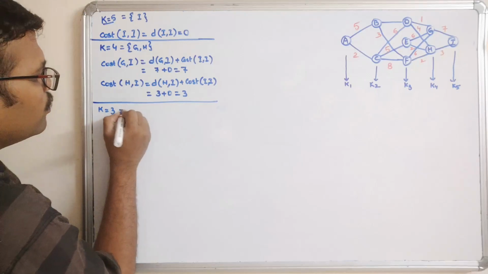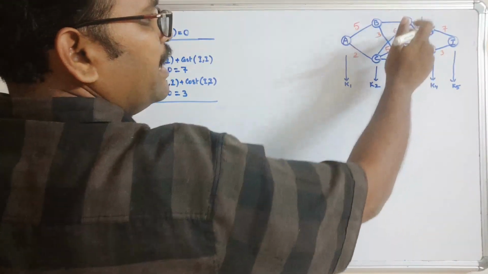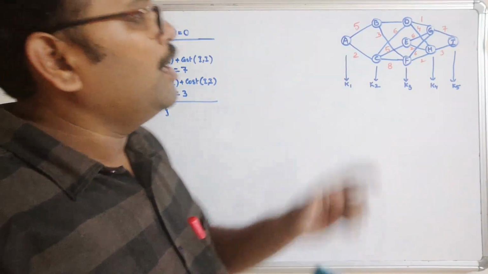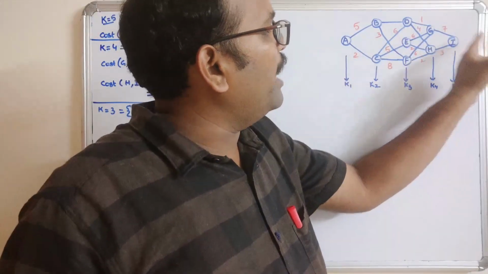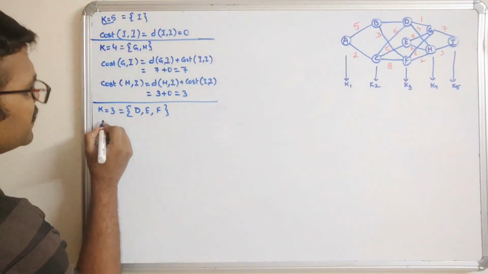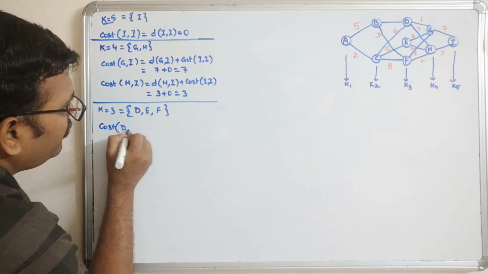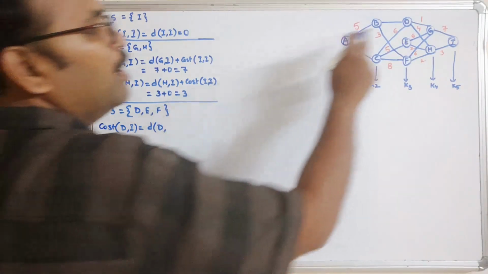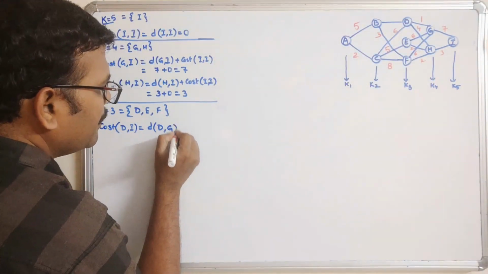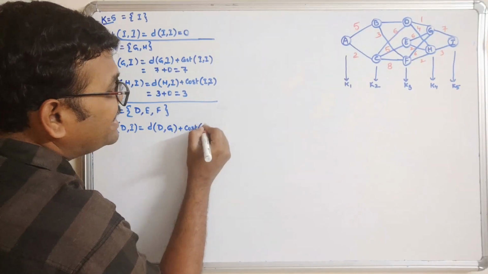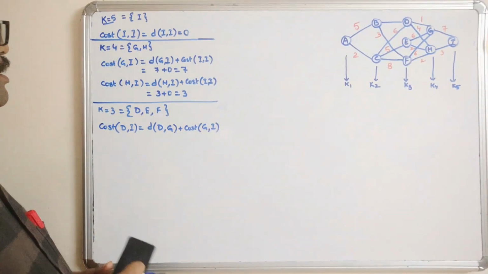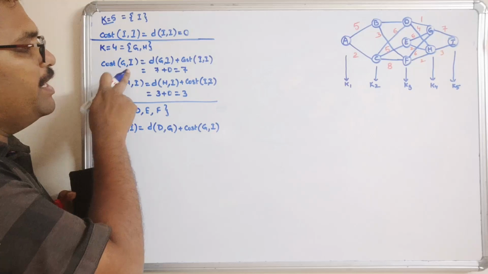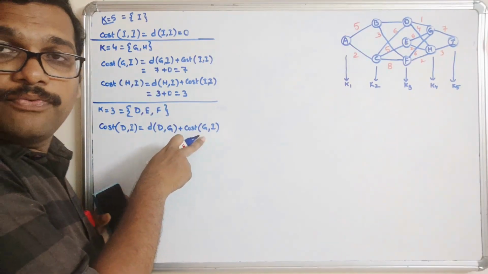Now go with the next stage. K is equal to 3, which has 3 vertices, D, E, F. We need to find the cost from D to I, E to I, F to I. First the cost of D to I, which is the distance of D comma the next vertex G, plus cost of G to I. This portion we have already calculated in our previous stage, so directly we can use it instead of recalculating.